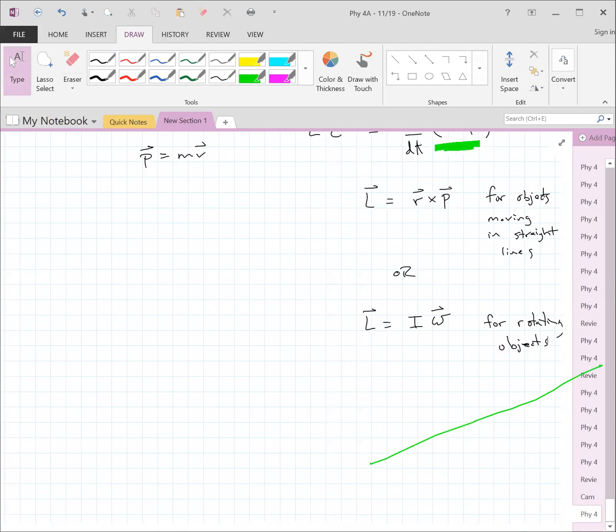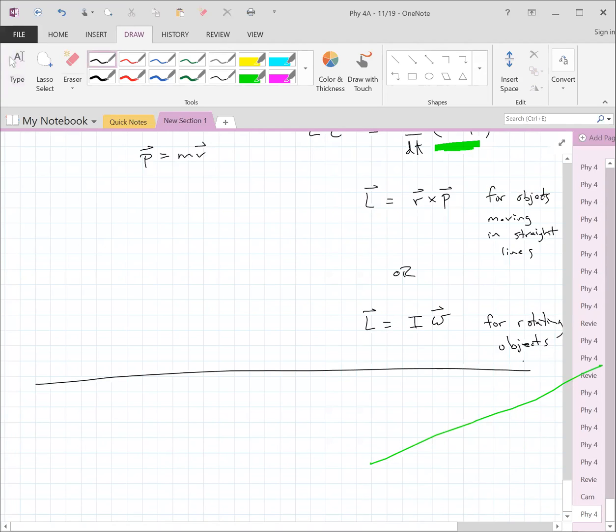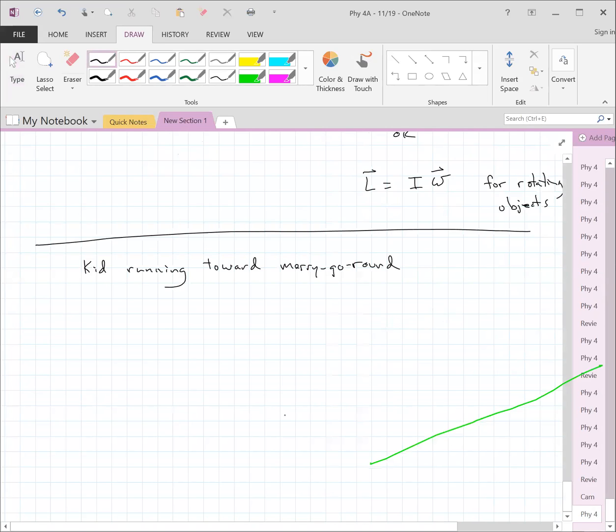Okay, so let's take a look at this situation. You're probably wondering how something moving in a straight line can have angular momentum. So let's take a look at this situation. We've got a kid at the park. So here's our merry-go-round with the handles on it.